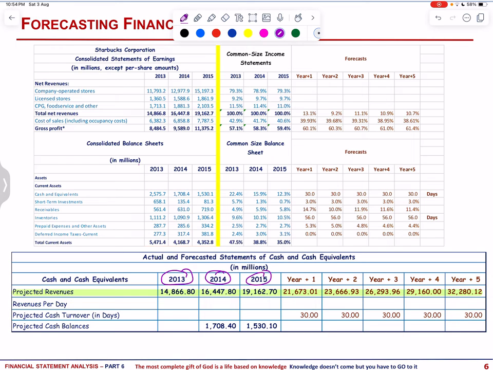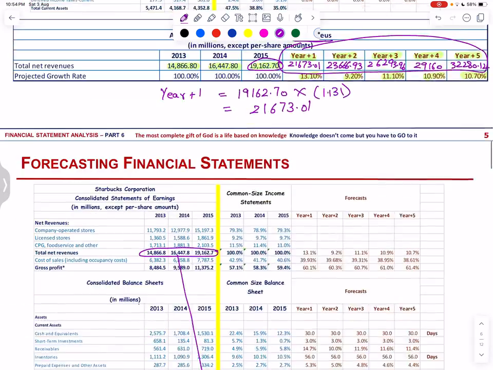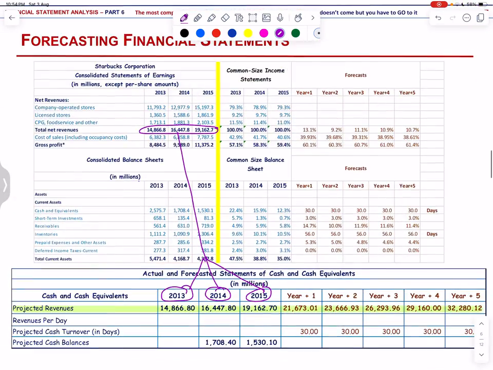They are from the consolidated statements of earnings, as you can see over here. And we have already projected the sales for year number 1, 2, 3, 4, and 5, and these values have just been copied from the previous slide.